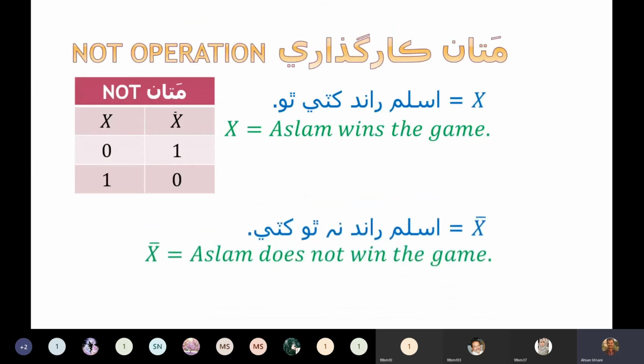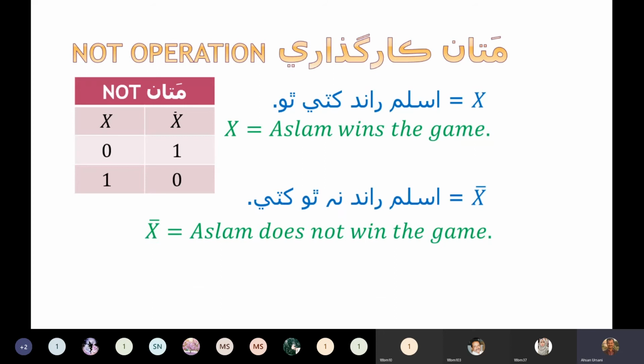This was an example. If x represents the clause Aslam wins the game, then x complement will represent Aslam does not win the game.